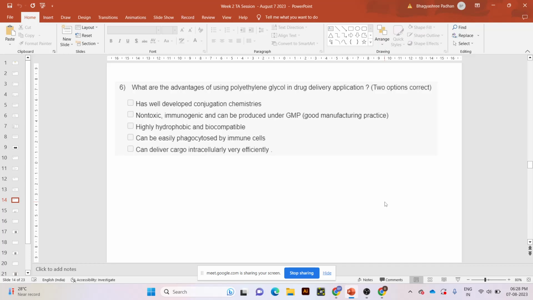Anybody else? First and second option. Okay. It has well-developed conjugation chemistry, can deliver cargo intracellularly very effectively. Okay. Anyone else?